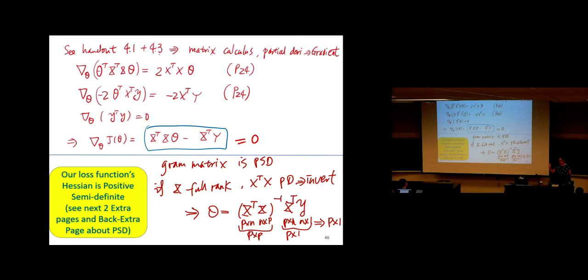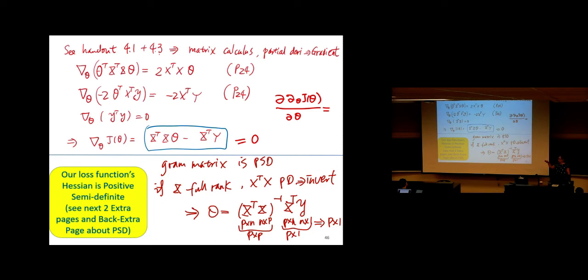Let's see the second derivative, the Hessian. This is actually the second order derivative, right? I'm really just taking the gradient of the gradient. If I'm taking the gradient with respect to theta, the second term has nothing contributed.